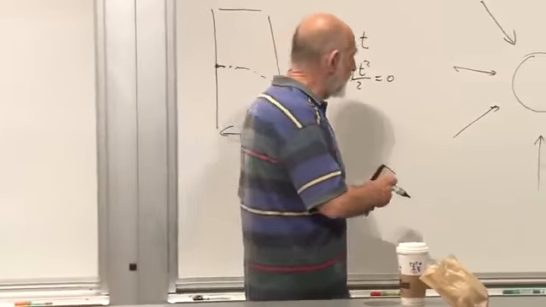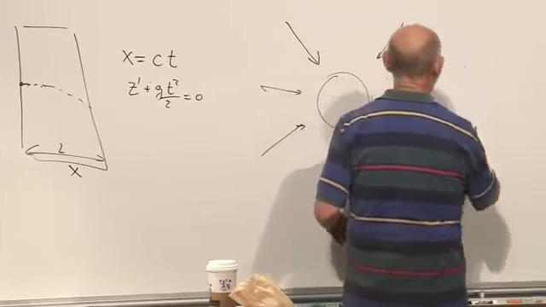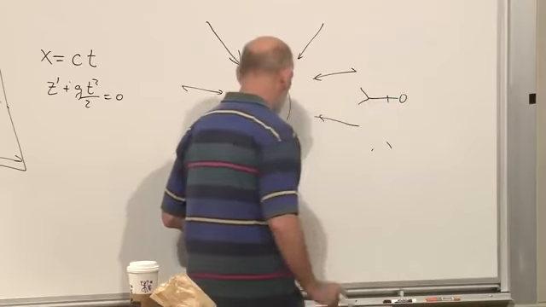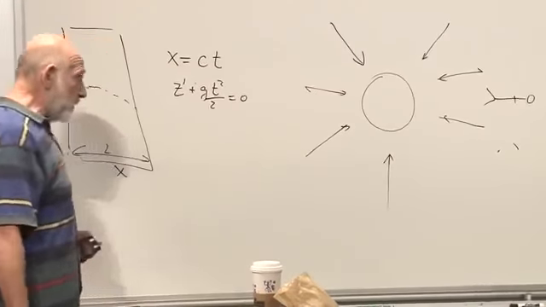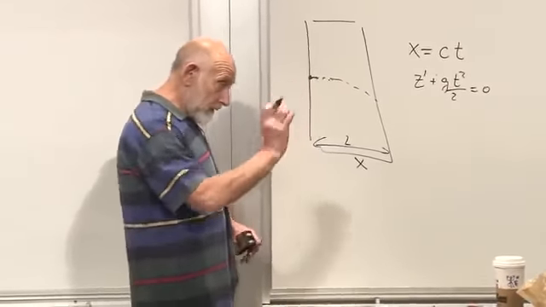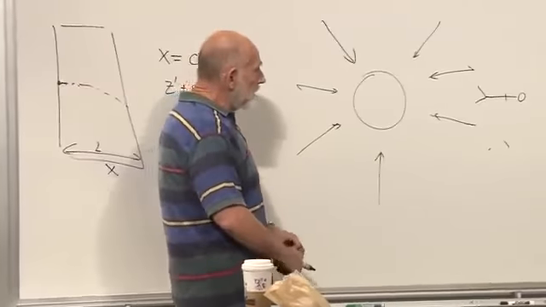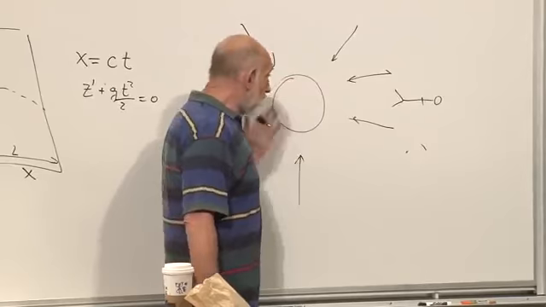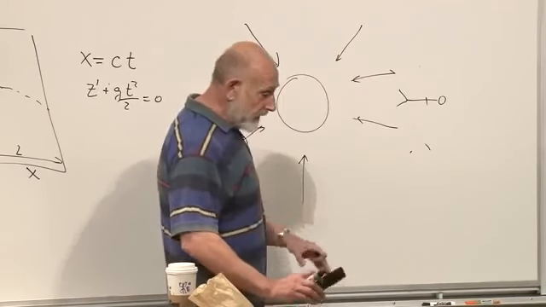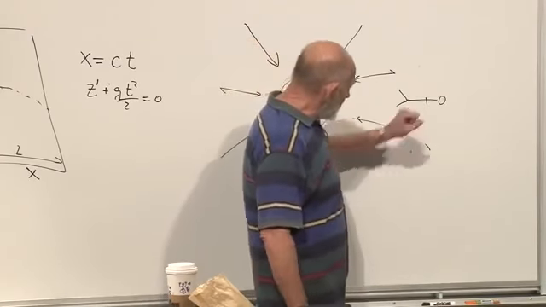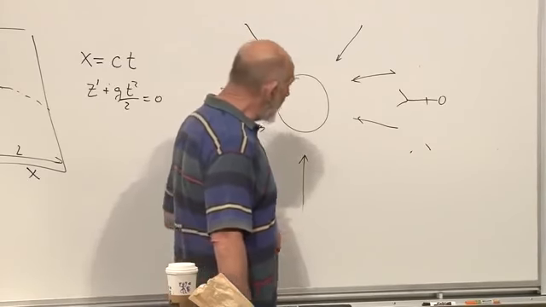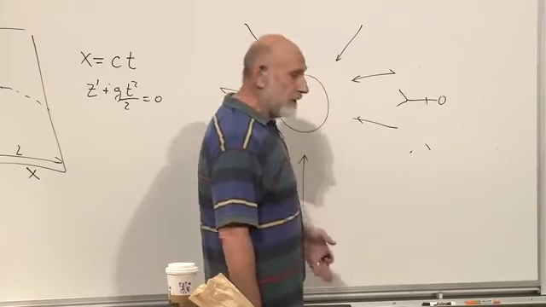Let's start him out falling feet first. Because he's large, not a point mass, the different parts of him feel different gravitational fields. The further away you are, the weaker the gravitational field is. And so his head feels a weaker gravitational field than his feet. His feet are being pulled harder than his head.